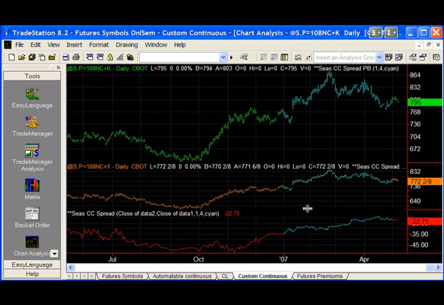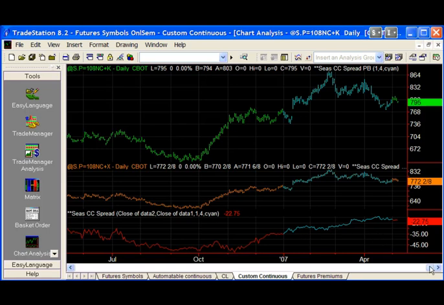Now then I created a spread indicator. I did it a little bit differently than the default spread indicator, calculating the differential, and again highlighting the color from January through April. So it's the May-November spread from January through April.